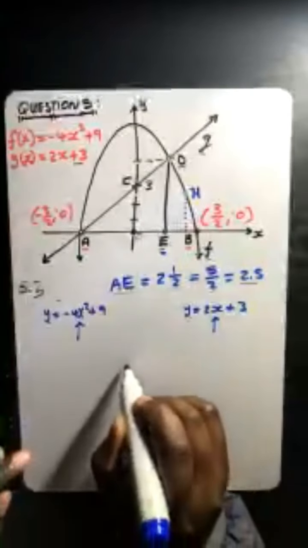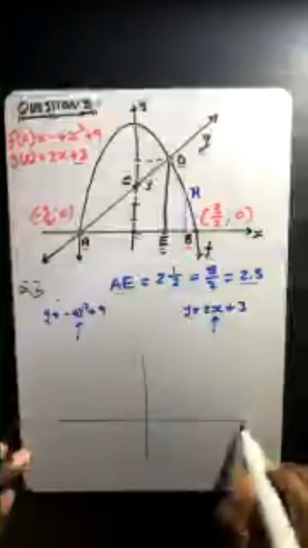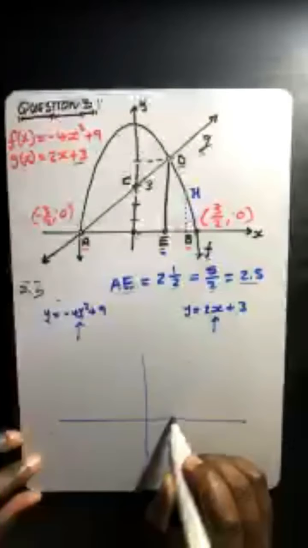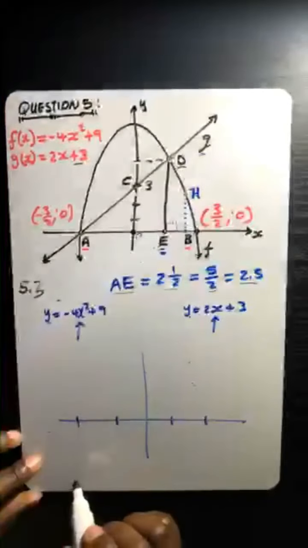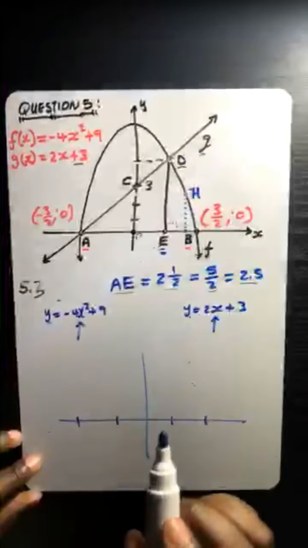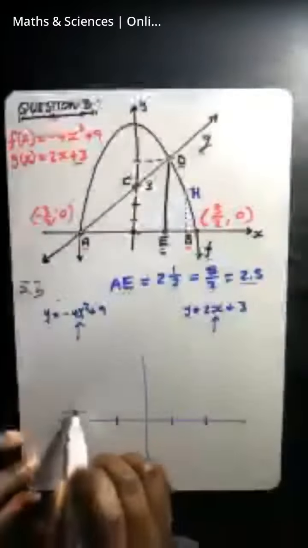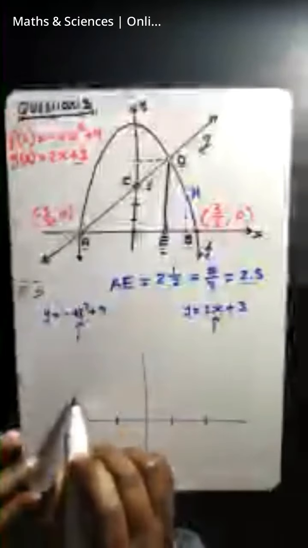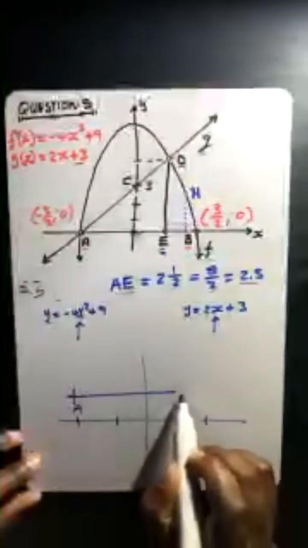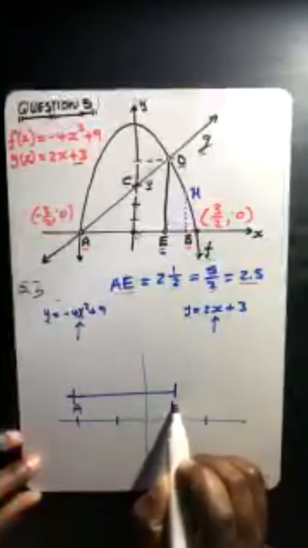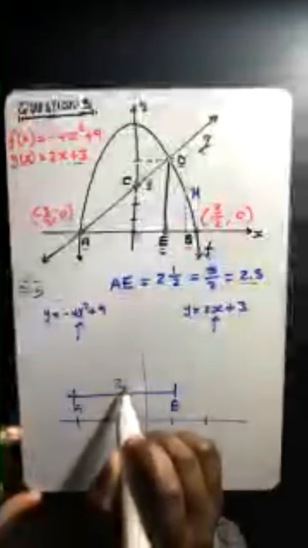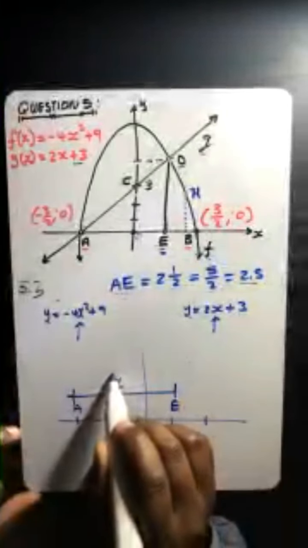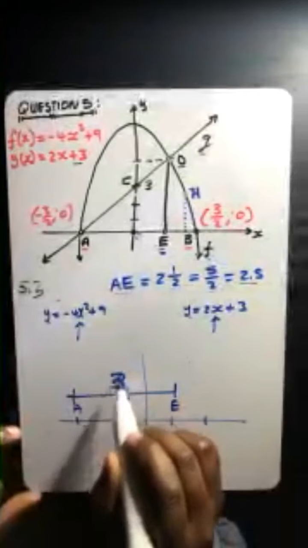Remember, guys, if you have that, let's say for example you said from A to that E there, what did you say that length is? Let's say it is 3.